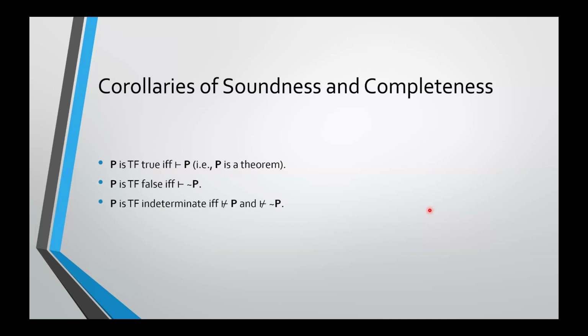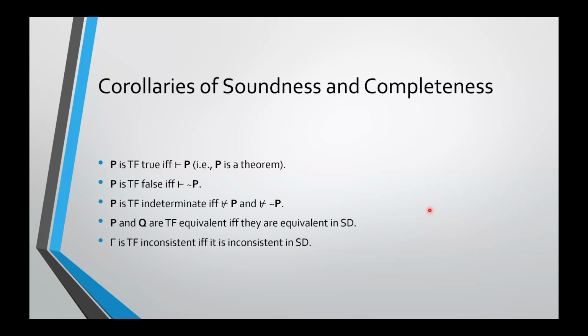A sentence is truth functionally indeterminate if and only if it is not a theorem and its negation is not a theorem. Two sentences are truth functionally equivalent if and only if they're equivalent in SD. And a set is truth functionally inconsistent if and only if it's inconsistent in SD.